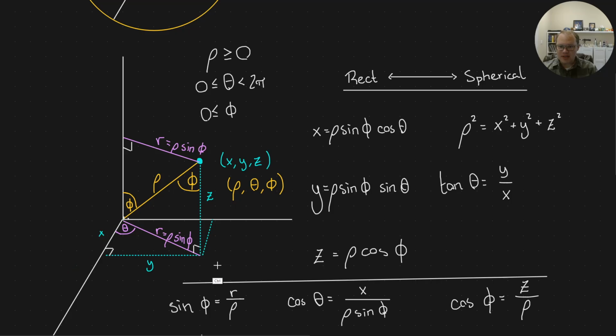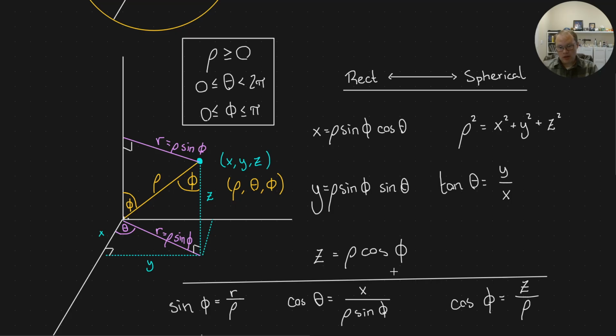So because of this, we don't generally let phi go past pi. Now again, there are exceptions. Oftentimes when we deal with certain kinds of equations in spherical coordinates, we implicitly allow theta, phi, and rho to go past these bounds.